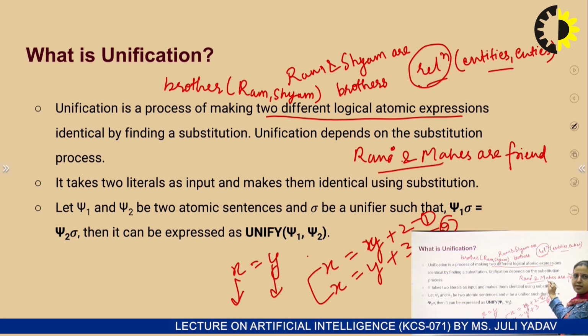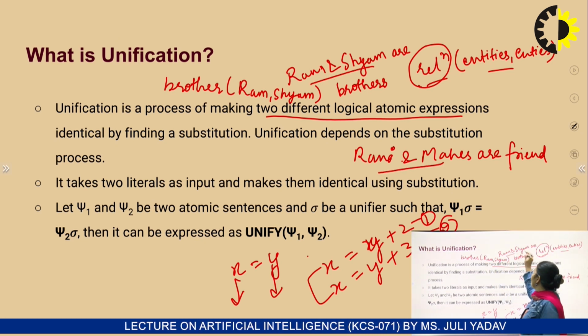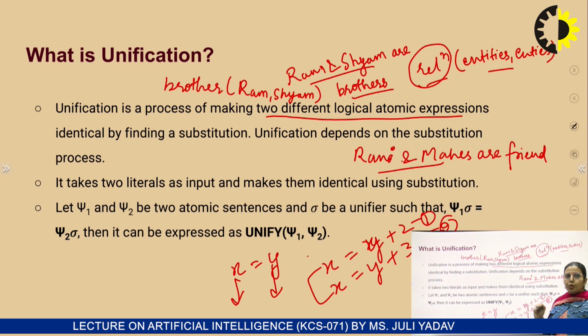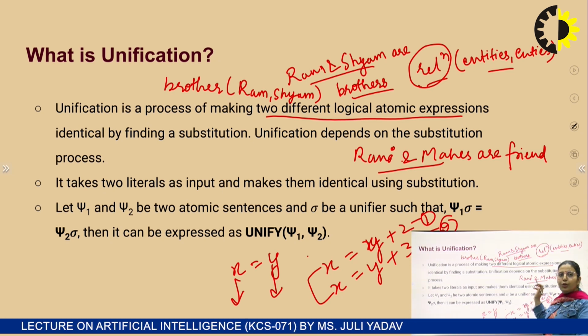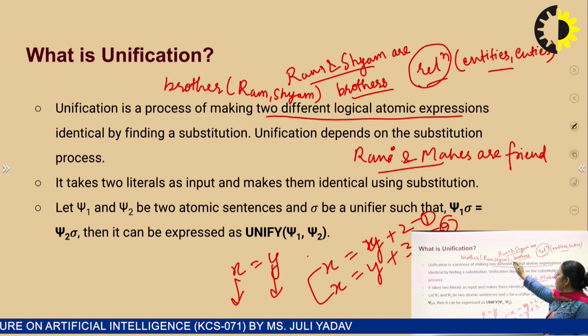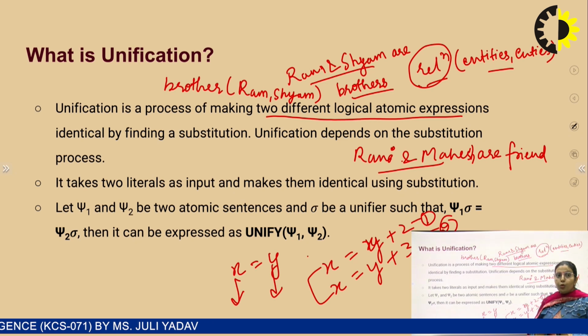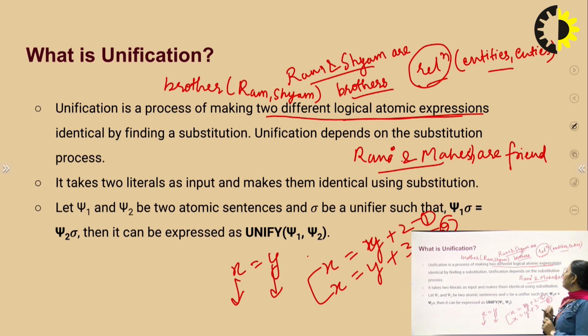One sentence is this, another sentence is Ram and Shyam are brothers. If we look at these two individually, they are completely different. There is no similarity in both sentences. So we can call them logical atomic expressions.